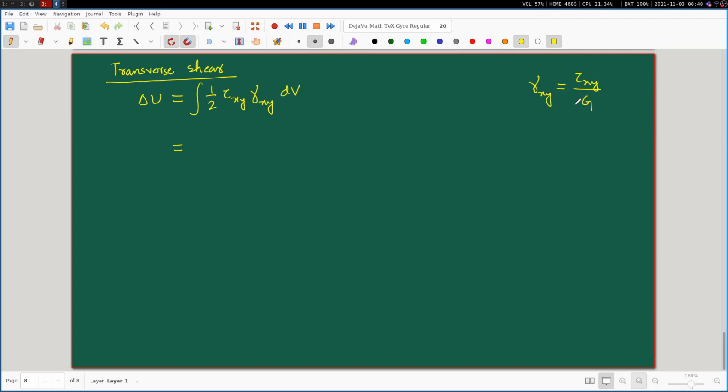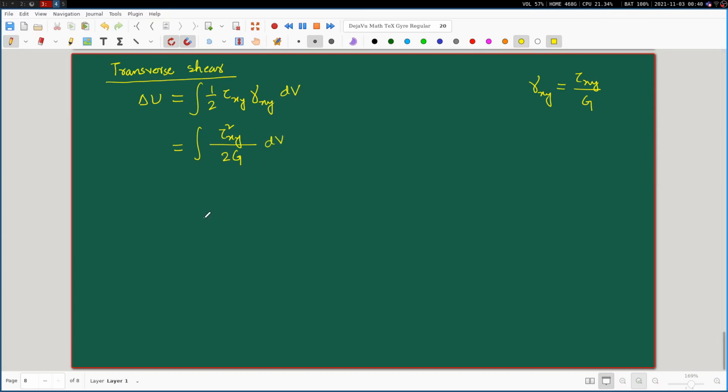So there is no need of this 2 factor here. So what I will obtain after substituting the expression for gamma xy here is tau xy squared by twice G. Please note that this 2 is because of this 2.